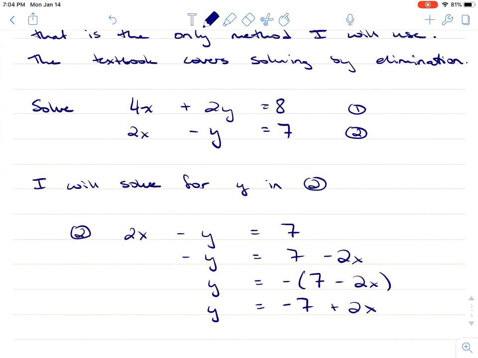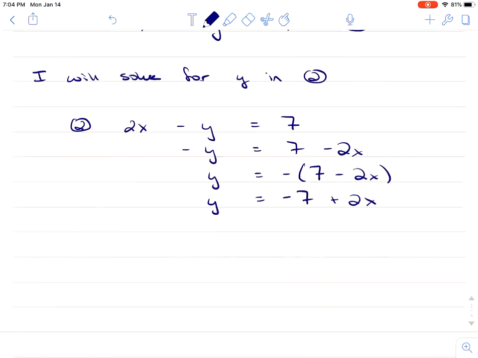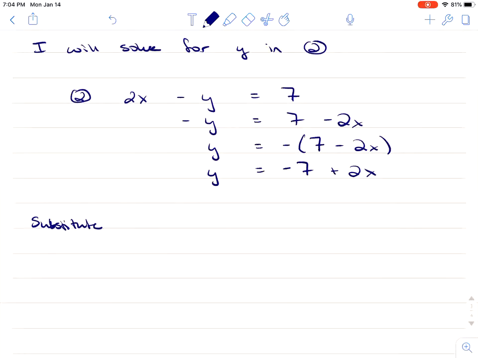So the next step I'm going to do is substitute y equals negative 7 plus 2x into equation 1, whatever equation you didn't get it from.